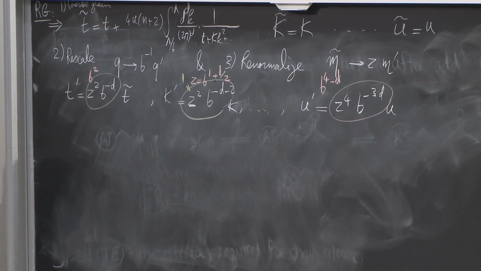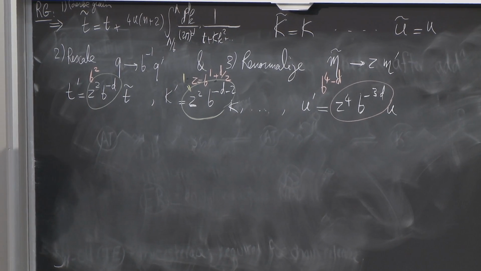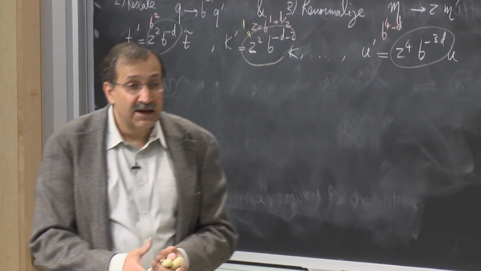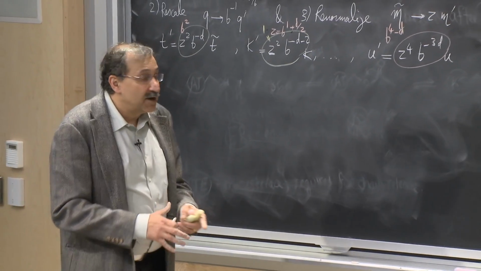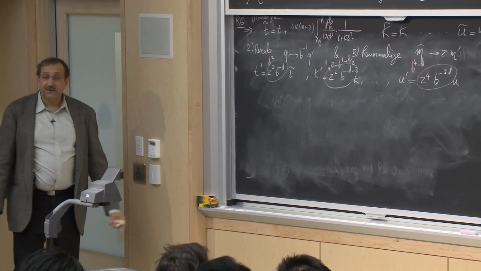So this completes the RG in the sense that, at least at this order in perturbation theory, I started with my original theory, and I see how the parameters of the new theory are obtained if I were to rescale and renormalize by this factor of b.